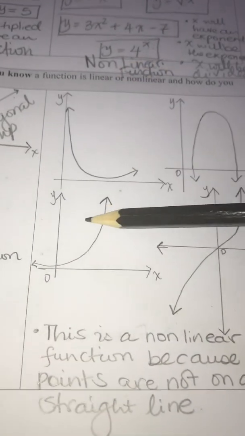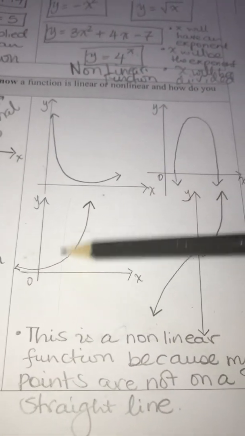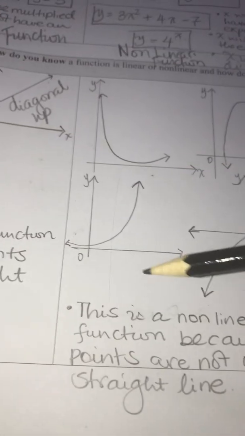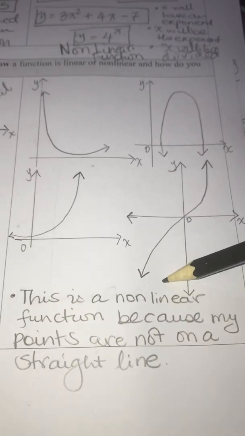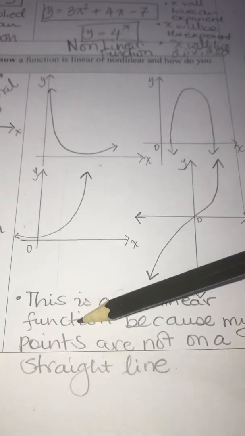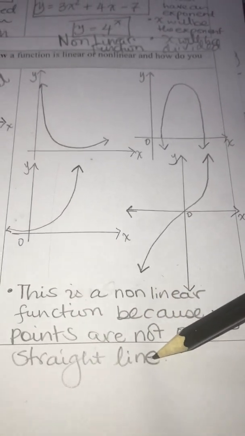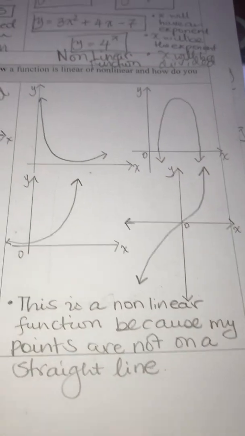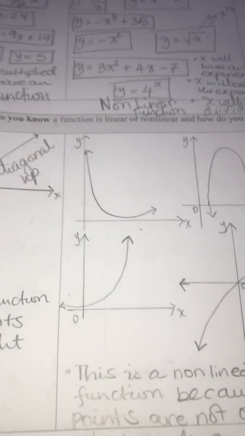They pass the vertical line test. If I draw this, the vertical line just touches my graph at one point. So you're right, this is a nonlinear function because my points are not on a straight line. That's all you do. Okay, do your examples and I'll see you tomorrow.